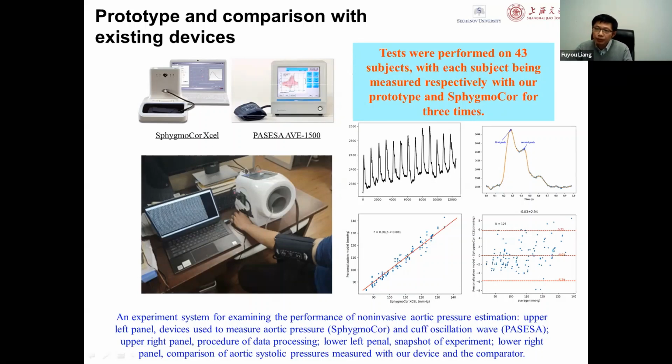Next step, for example, we are trying to increase the sample size of our test, and probably next year we are working with a company to try to develop a device that can be put on the market. Hopefully, we will complete this work next year.